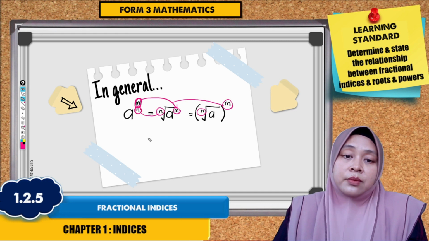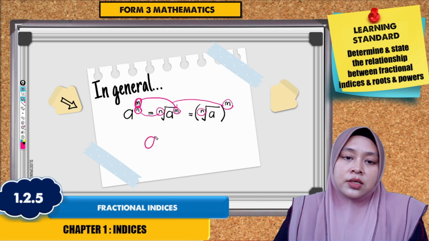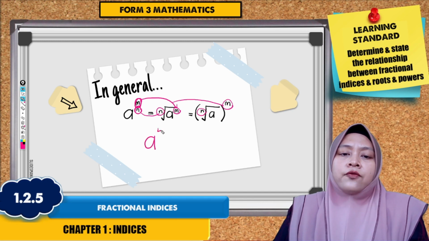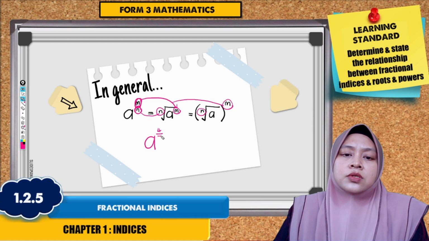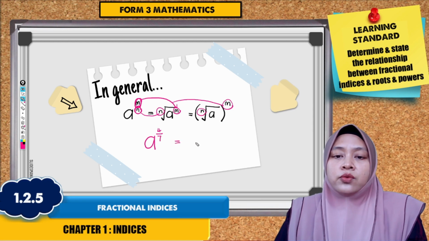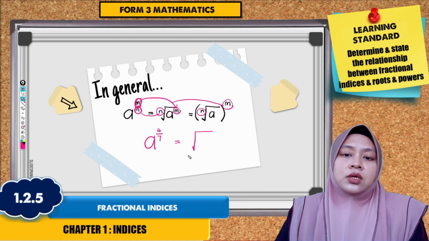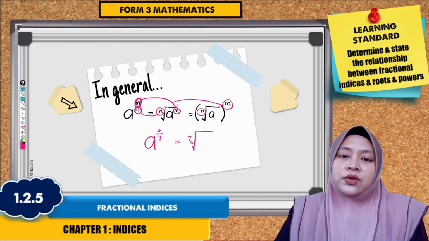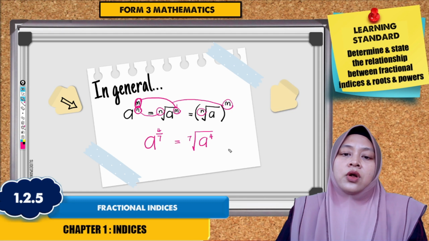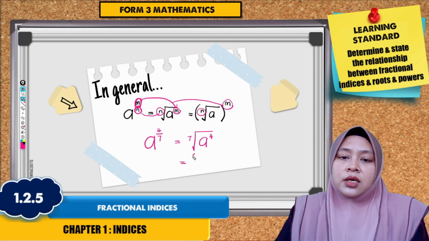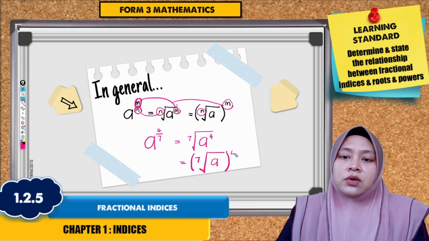For example, I'll give you another example, a to the power of 4 over 7. If you want to change it to another form, you can write the 7th root of a to the power of 4, or you can simply write it in parentheses, the 7th root of a, to the power of 4.